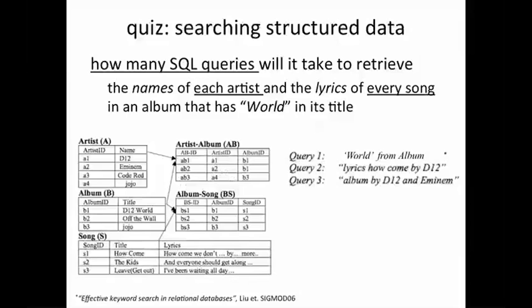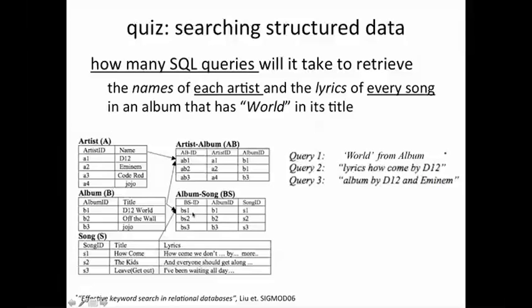Here's how we could do this. We first retrieve the album from the album table. Then we have to traverse this table to find out all the songs in that album and their lyrics from this table.